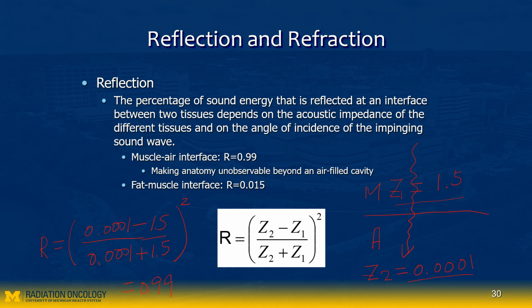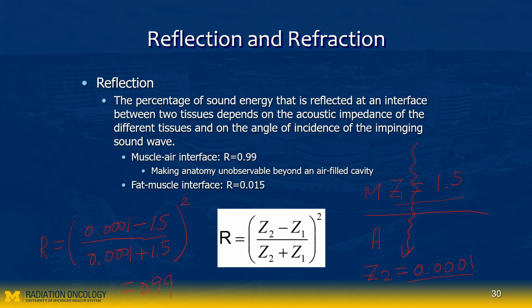It means that when you have sound coming through the muscle, and then you have air, you will have significant reflection. A huge amount of the sound wave will be reflected back. That means you cannot see anything beyond this air.